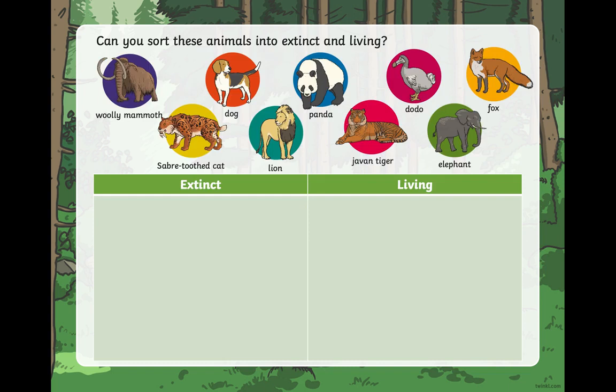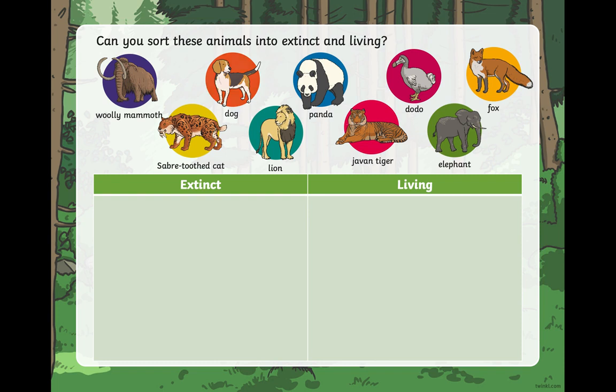Right. Now, I want you to pause the video and sort each animal into the categories of living and extinct. You can see it because you're familiar with it, but if you haven't seen it on TV, in real life, or in books and textbooks, you can still work out which ones they are.